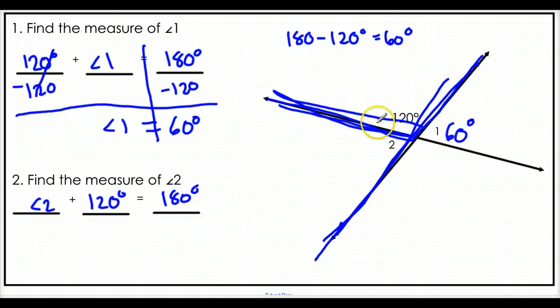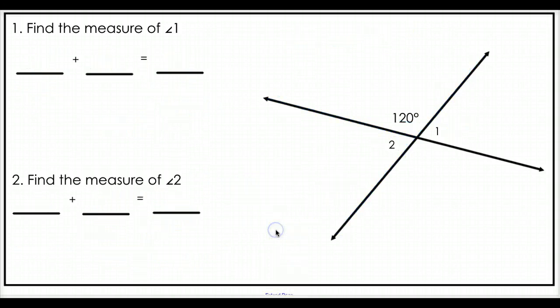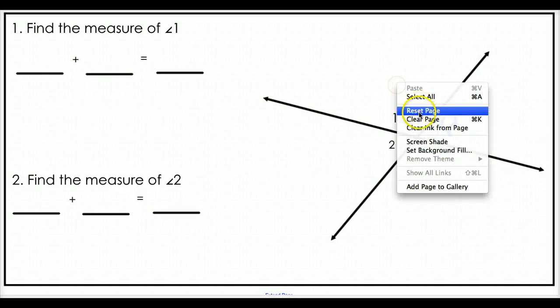Linear pairs are supplementary. Once again, I subtract 120 from both sides, and angle 2 is equal to 60 degrees. Copy that down, it's about to go away. So what we found out was angle 1 is 60 degrees.